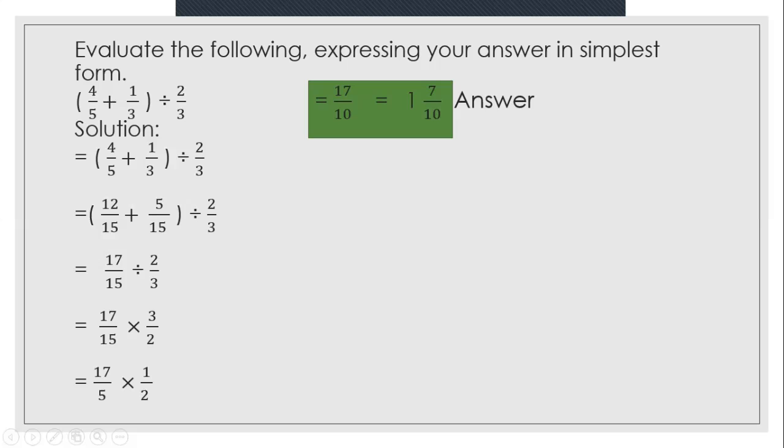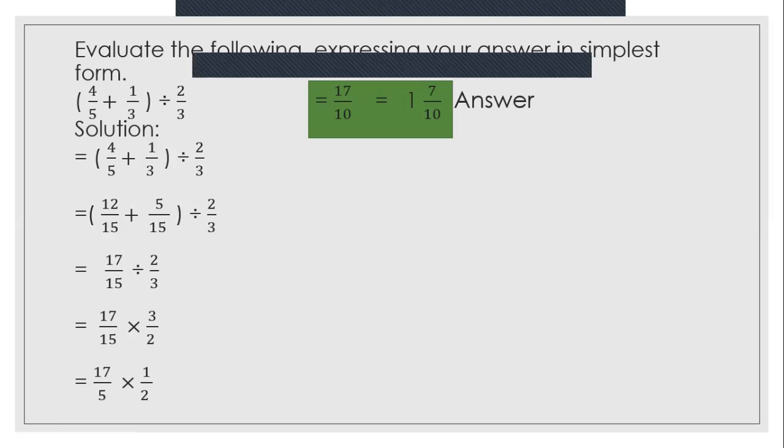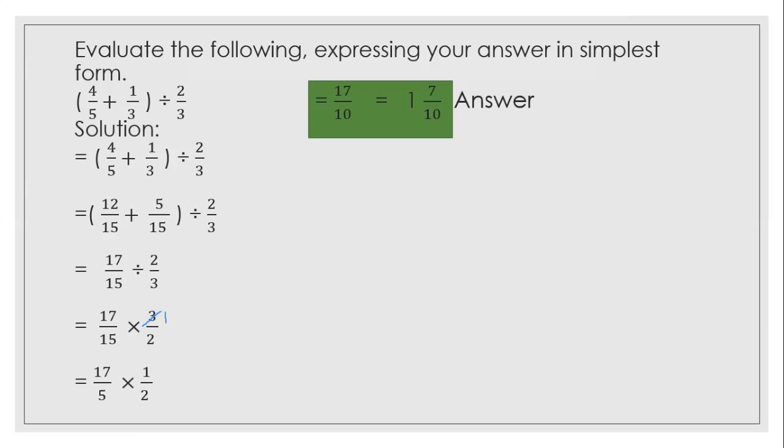I can do the cancellation of this 3 and 15. You know, 3 ones are 3 and 3 fives are 15. All right. As you all can see, here I got 17 upon 5 into 1 upon 2.